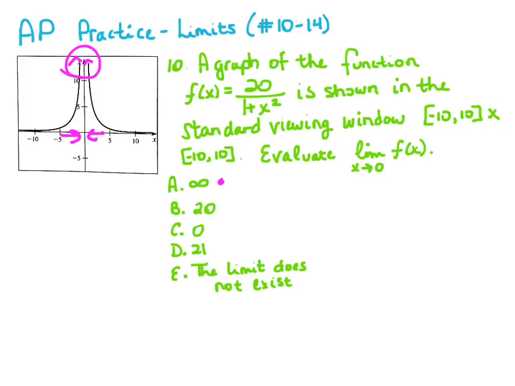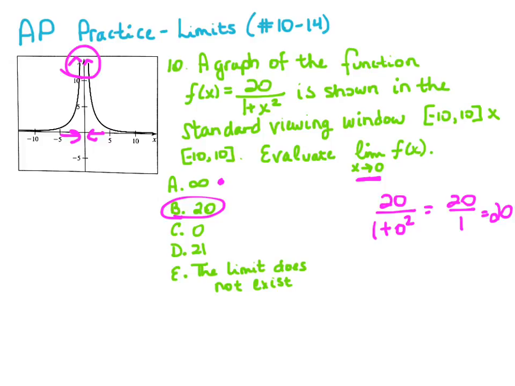But let's remember, whenever we have a limit as x approaches a number like 0, we should plug it in and see what happens. So if I plug in 0 to my function, 20 over 1 plus 0 squared, look what happens. We get 20 over 1, or just 20. I actually have a limit of 20 as x is approaching 0.